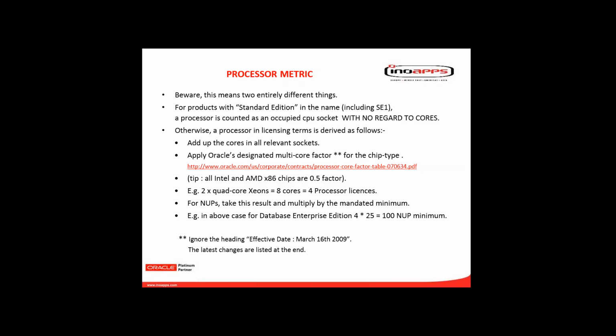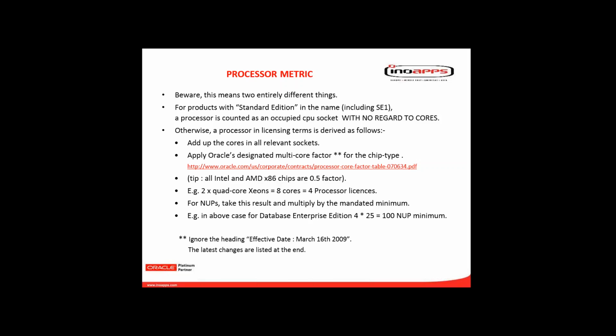Now, for every other product, a processor is defined as follows. You add up all the cores in all the relevant sockets. Going back to my licensable environment concept, that might be a physically managed hardware partition or the whole of a cluster, virtual cluster. So you add up all the relevant cores, then you apply Oracle's designated multi-core factor for that type of chip.